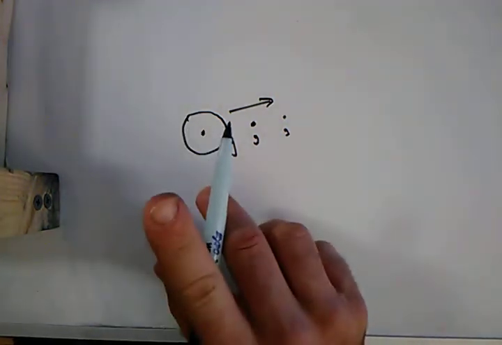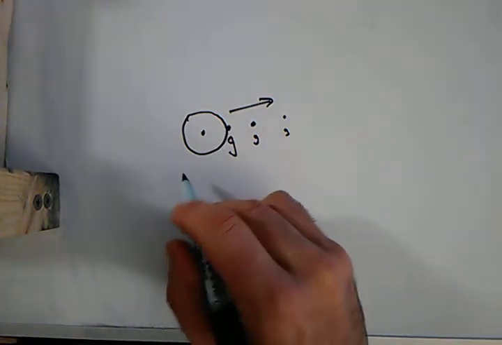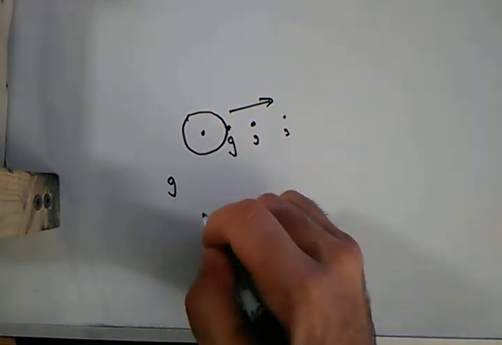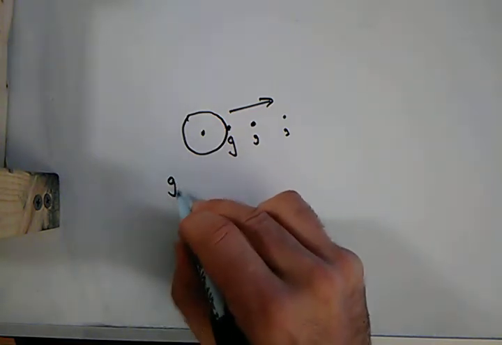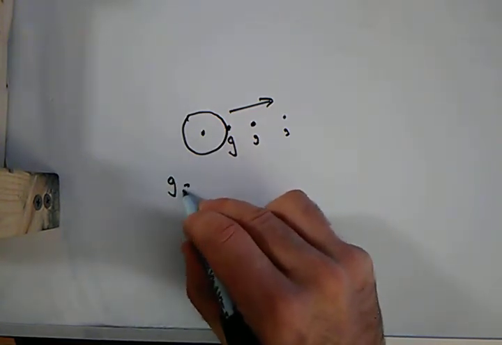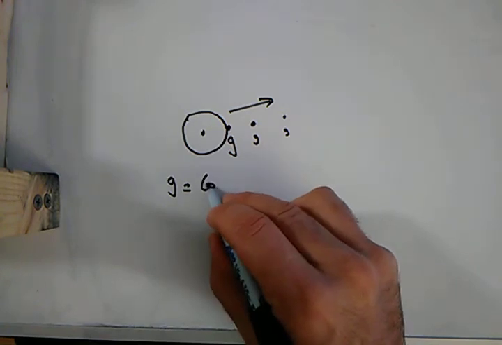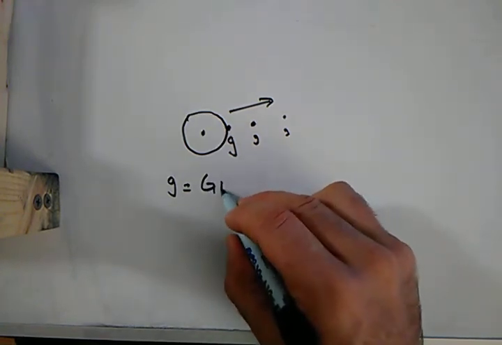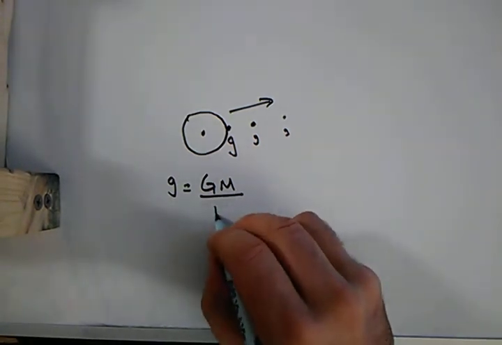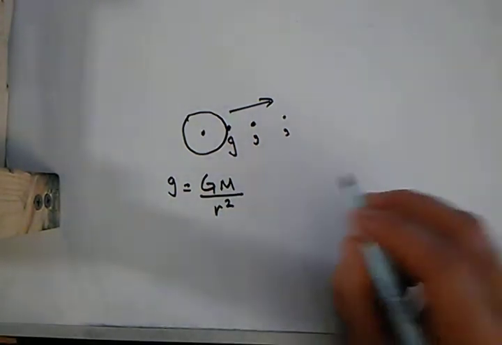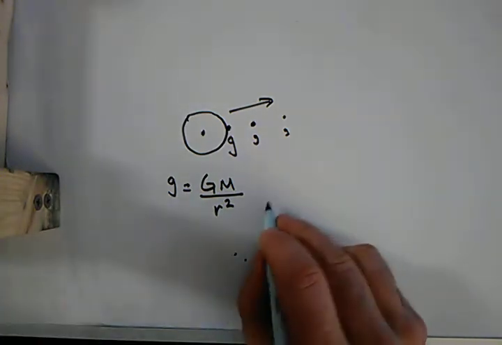Now, just looking at one object, we can calculate the gravity, and that's an acceleration, by taking big G times the mass and then dividing by the radius squared.